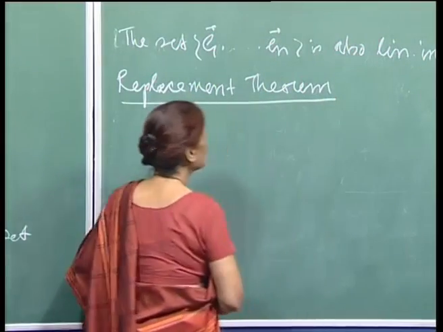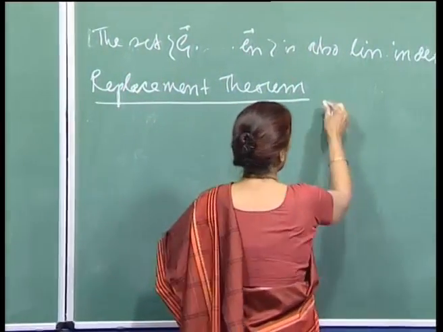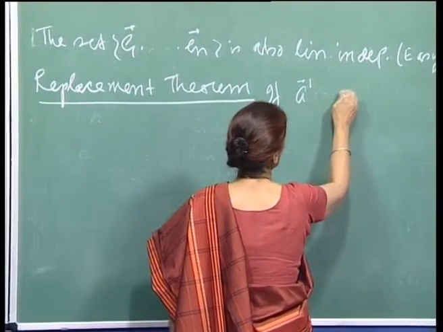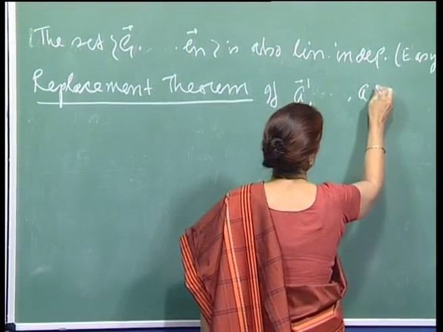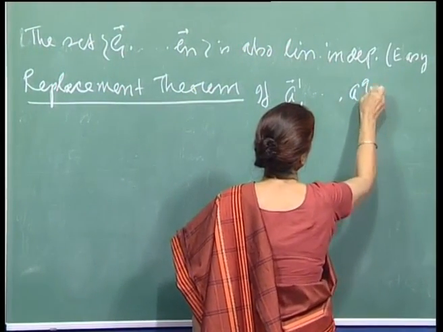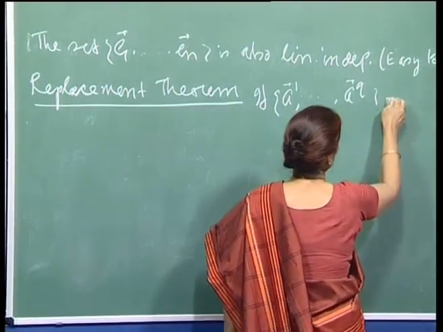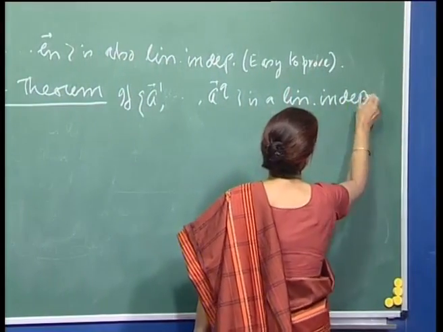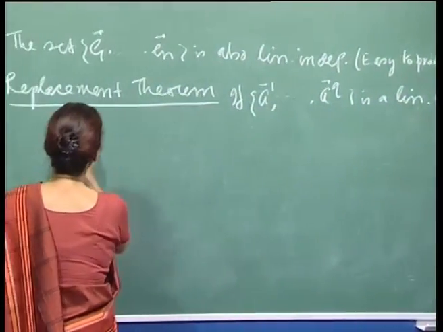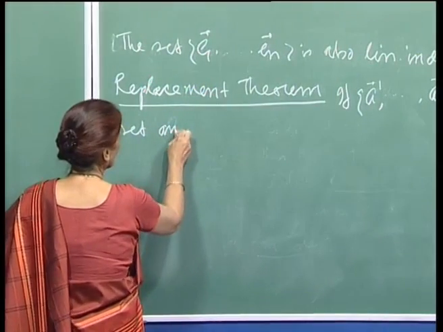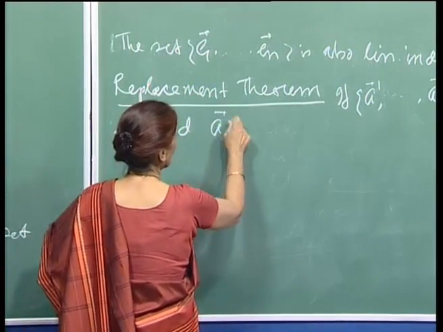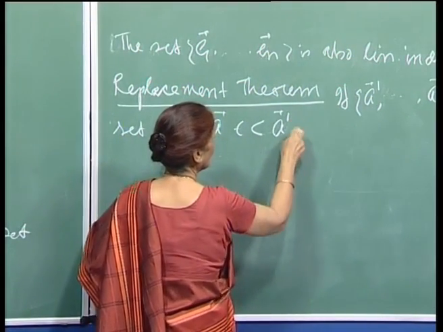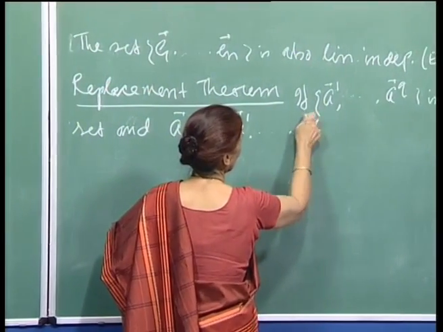So the replacement theorem says that if, let us say, A1 to AQ is a linearly independent set, and some A belongs to the linear combination of A1 to AQ.